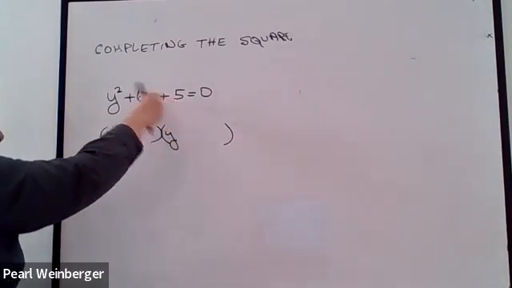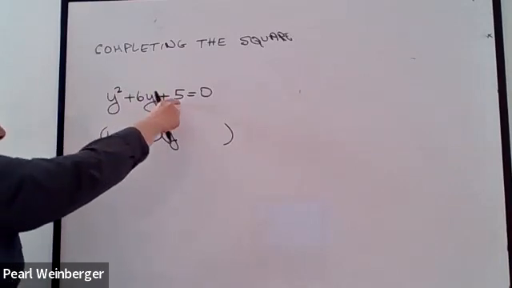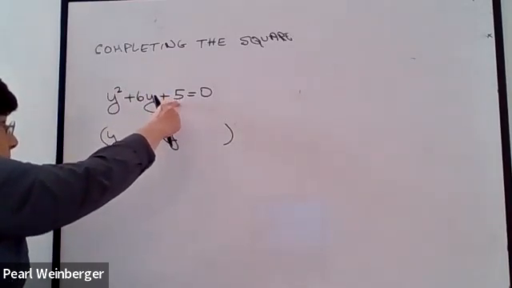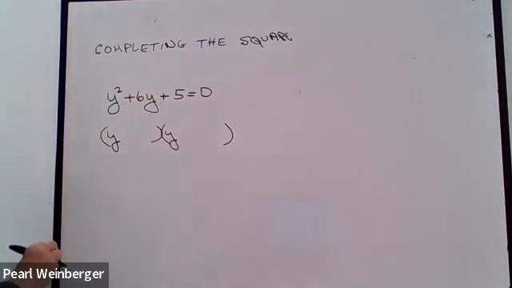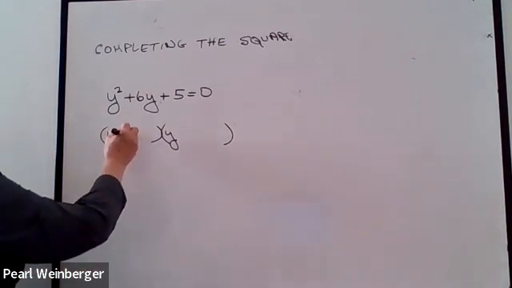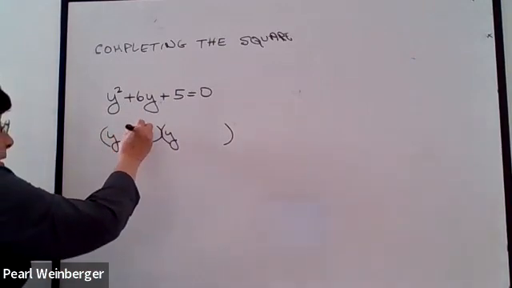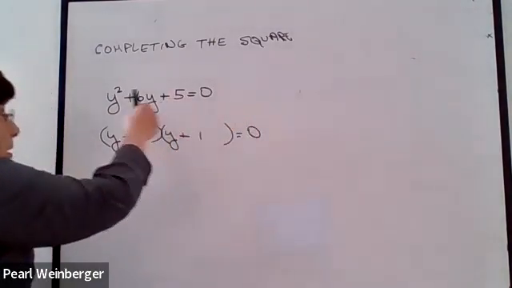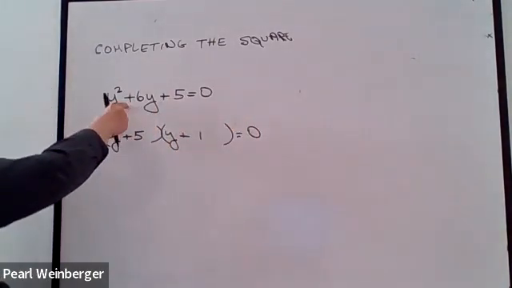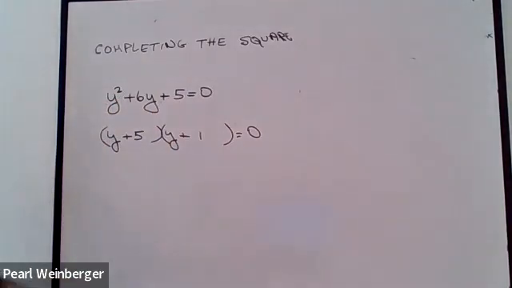There's no number in front, so we go to the last term, which is 5. We're looking for two numbers that multiply to 5 and add up to 6. Obviously, that has to be 5 and 1, and they both have to be positive because the middle sign is positive.